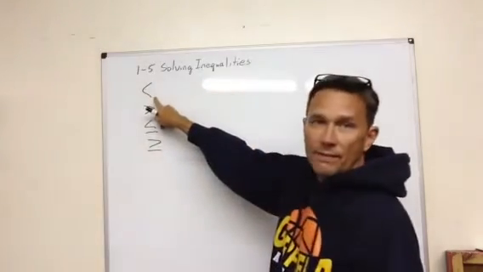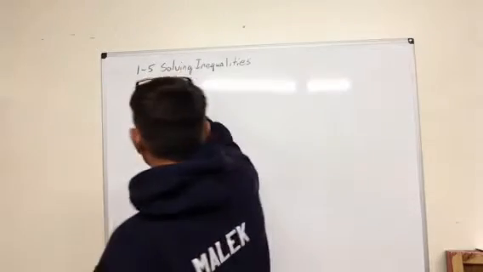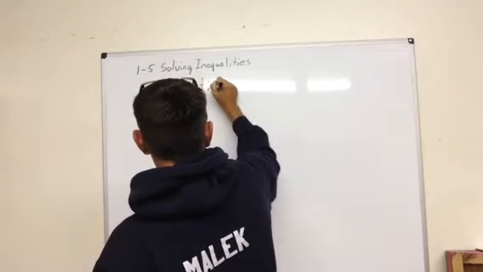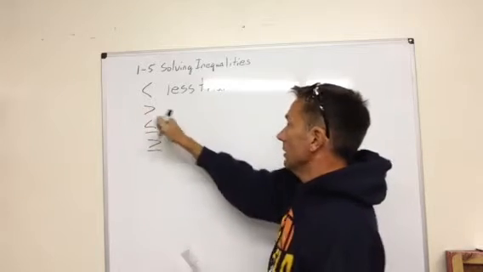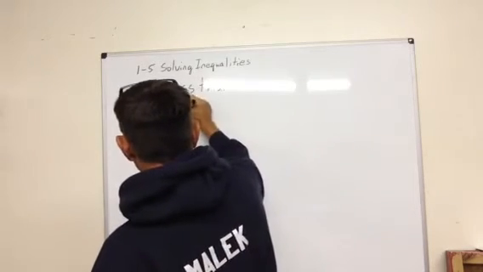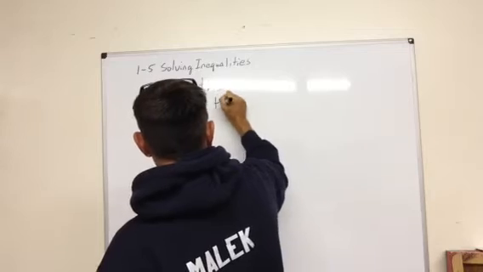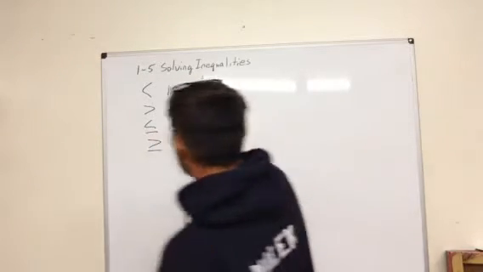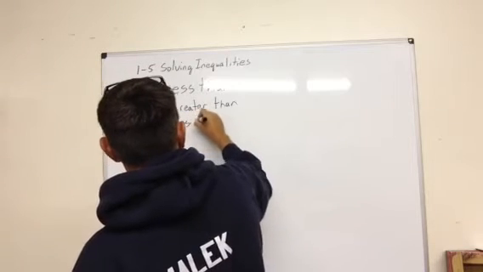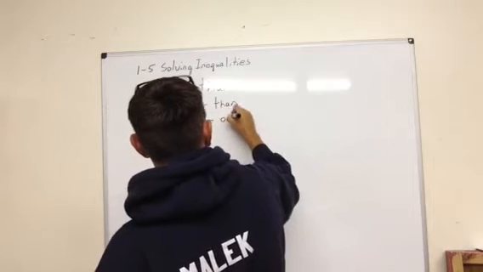So the first one, this is less than. This one is greater than. This one here with a line under it is less than or equal to.